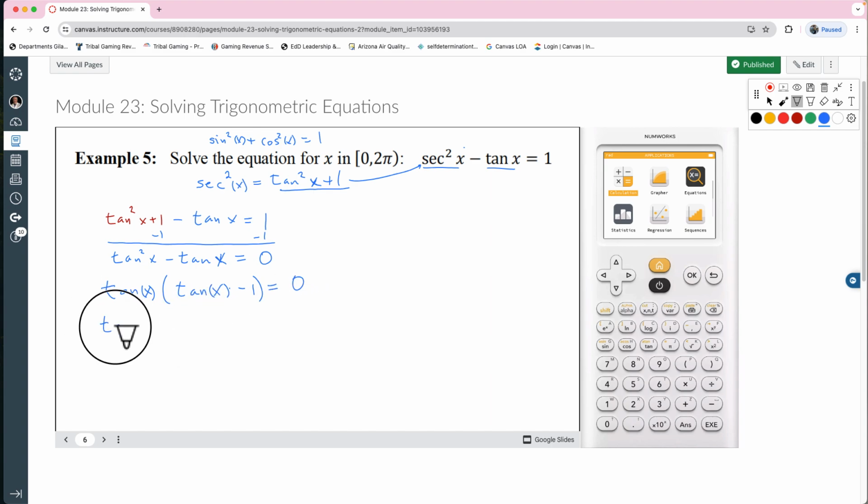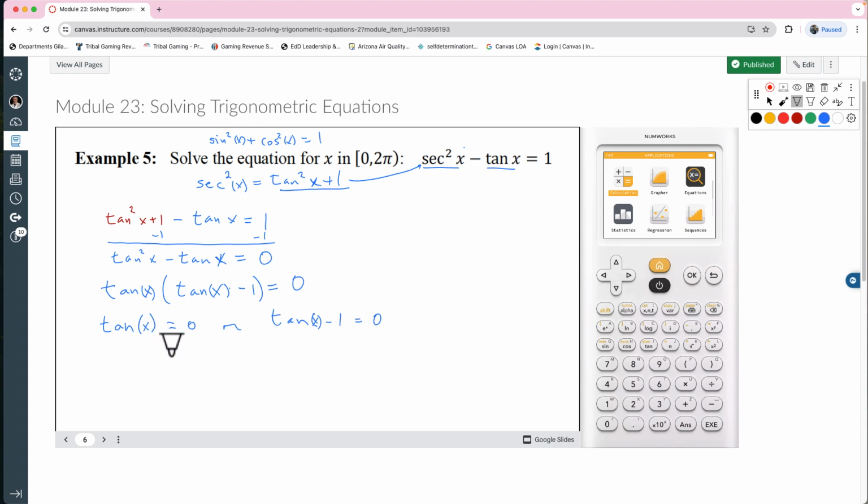That gives us that either tangent x, oops, sorry, my n looked more like an x there. Tangent x equals 0, or tan x minus 1 equals 0.